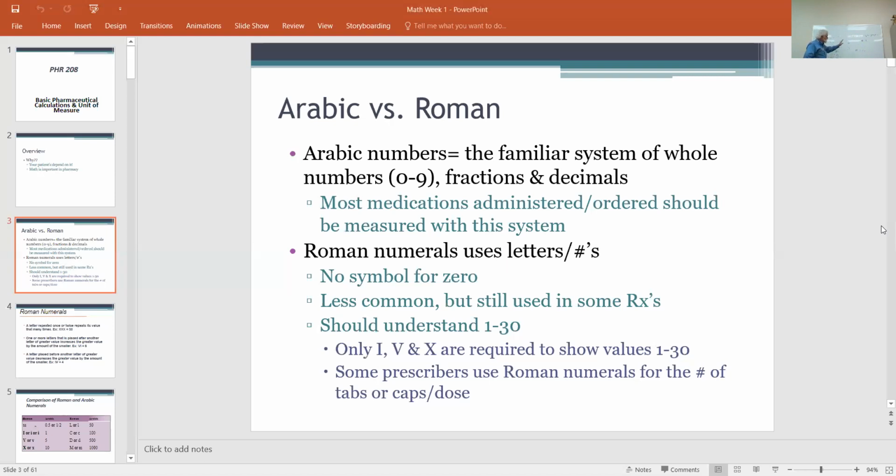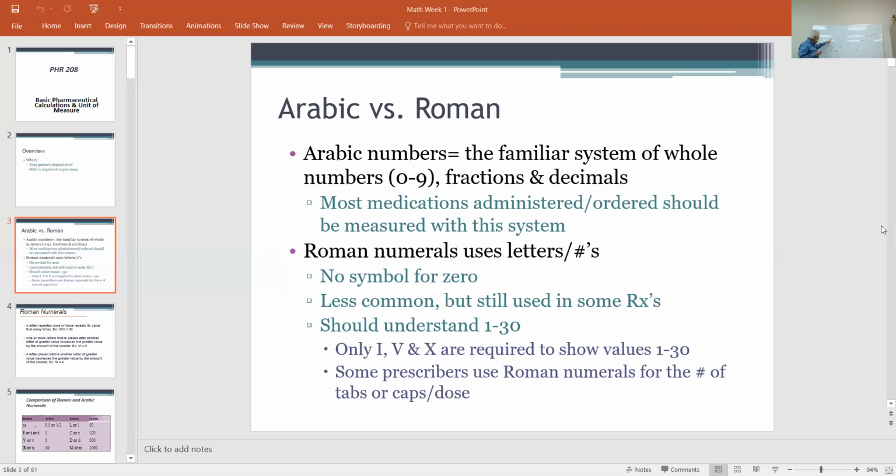When you're writing and reading Roman numerals, you simply add the letters. So this is a 2, 1 plus 1, but there are never more than 3 of the same letter in a row. When you have to go to 4, you put a lower number in front of a higher number, and that subtracts 1.